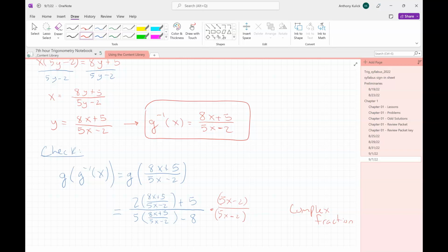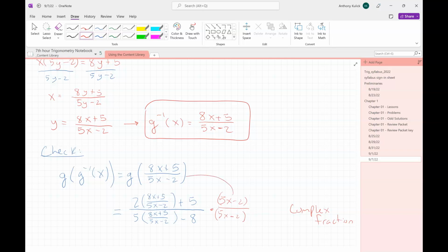And 1 times anything is itself. So have I done anything to change this fraction? Just the way it looks, right? I haven't changed the value of it at all. It's like taking 1 and writing it as 4 over 4. It just looks different. It's changed its clothes. It's still 1. Everybody cool?